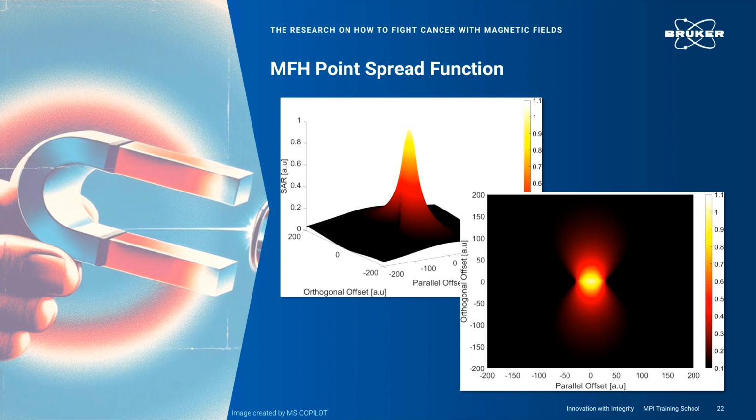And if we look from the top, so this is the excitation direction, you see that we have a very, very precise or a narrow point spread function, while in the other direction it fades a little longer to react on the external magnetic field. So a combination of gradient and the magnetic fluid hyperthermia field. But still, it is concentrated on a single tiny field of therapy.